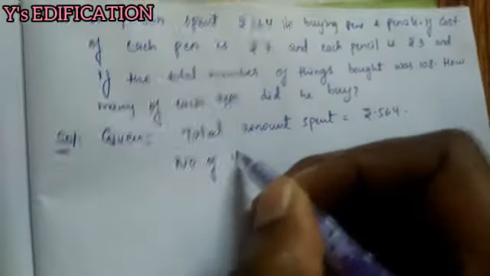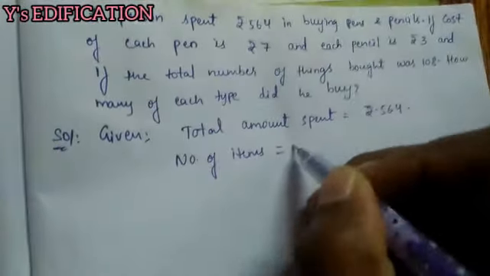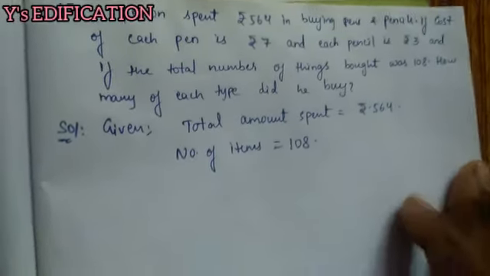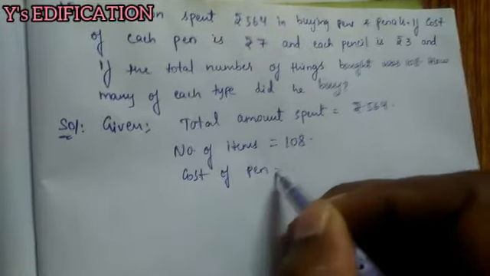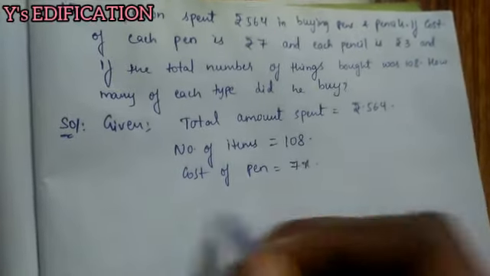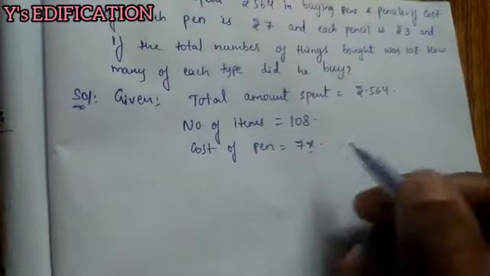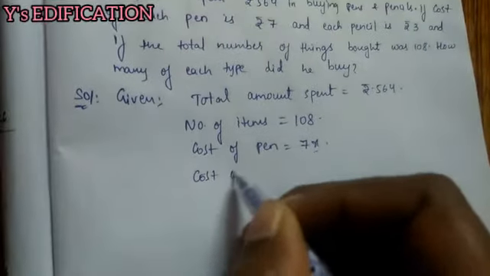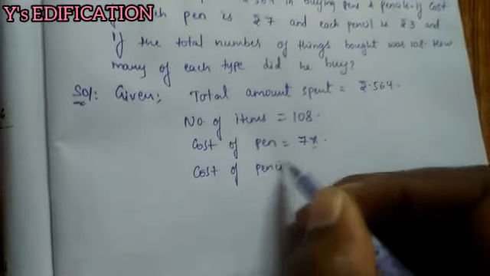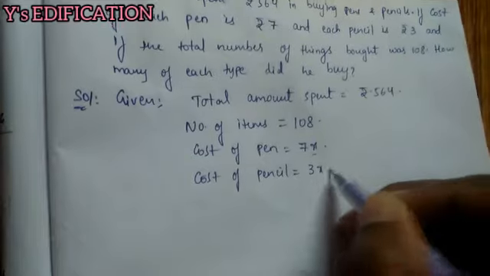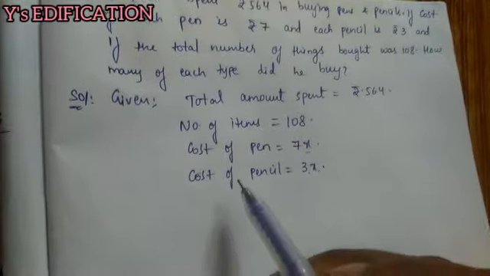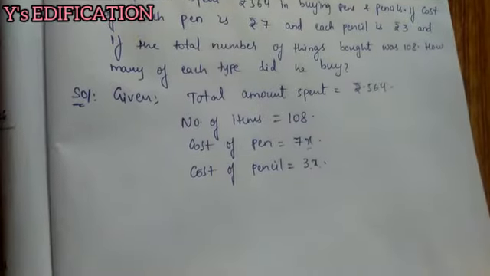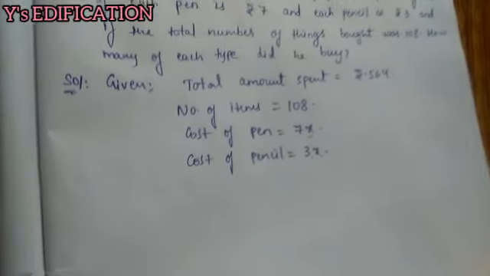Number of items he bought is 108. And what is the cost of the pen? 7 into x, we don't know how many pens he bought. Next, cost of pencil, 3 into x, because we don't know this. Now what we have to find out? We have to find out how many pens he bought and how many pencils he bought.